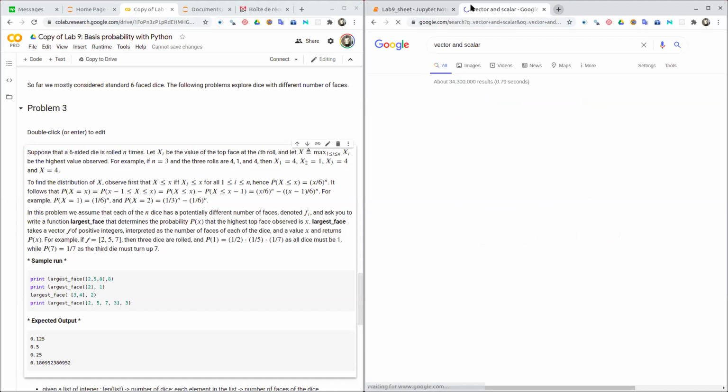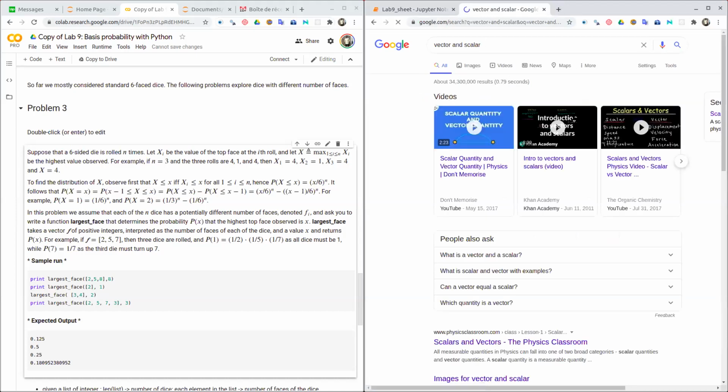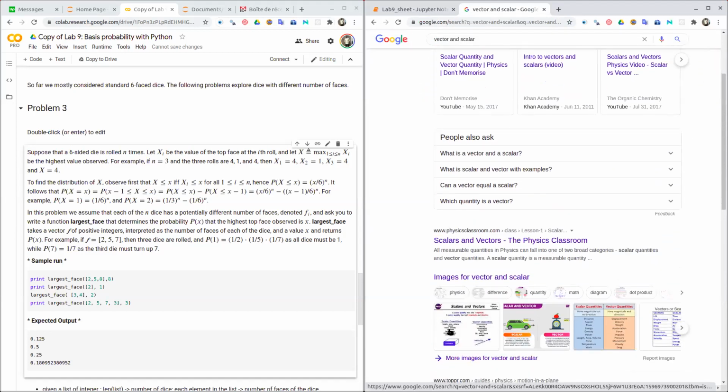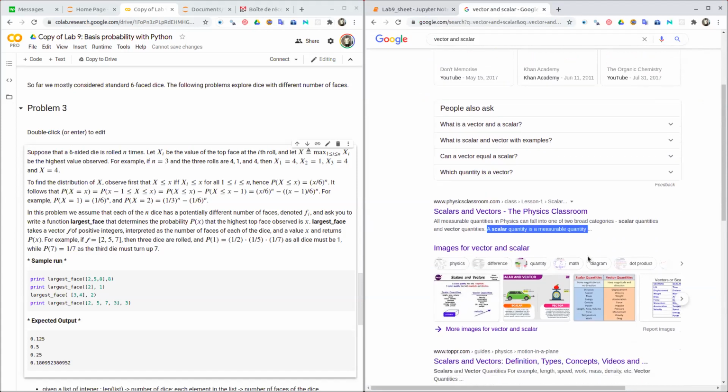A vector would have two values, right? You said a vector has more than two values, right? Yes. Oh, I mean a vector has at least two dimensions. That's what I meant.